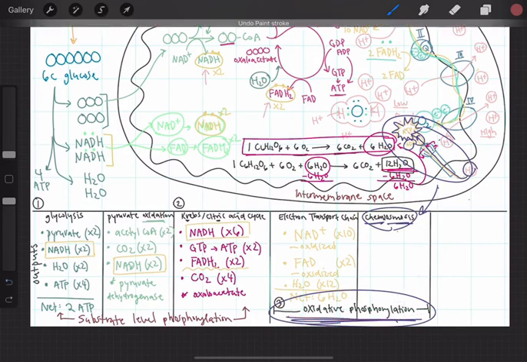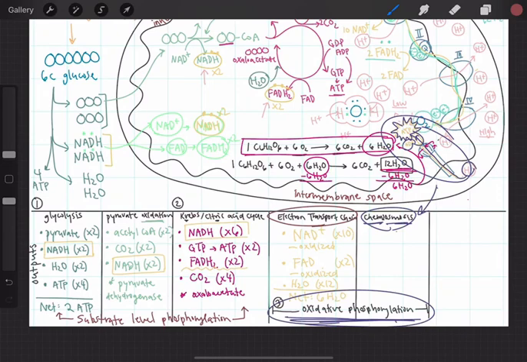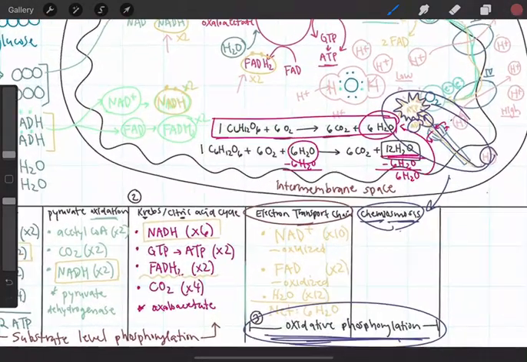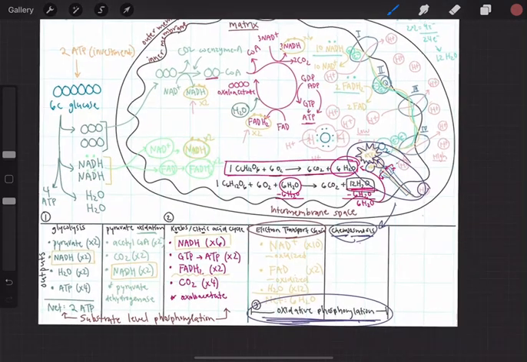Okay, so thinking about the words oxidative and phosphorylation and how they tie together the electron transport chain and chemiosmosis, oxidative means involving the loss of electrons.